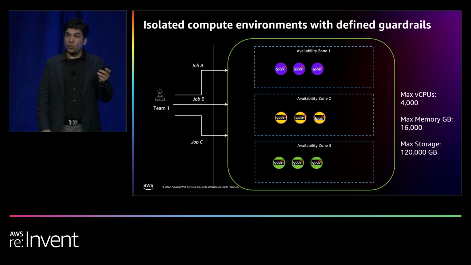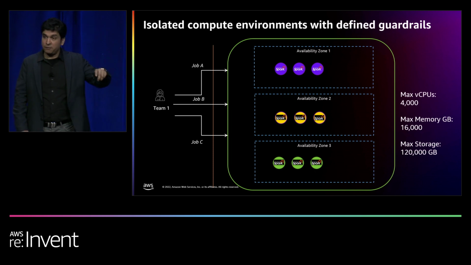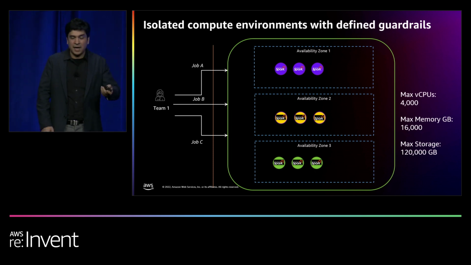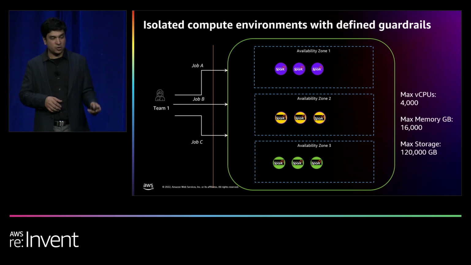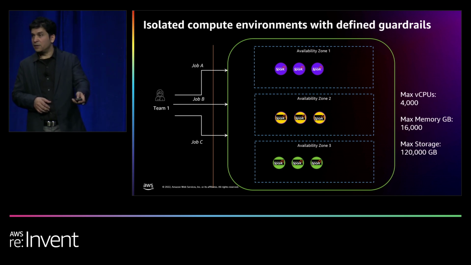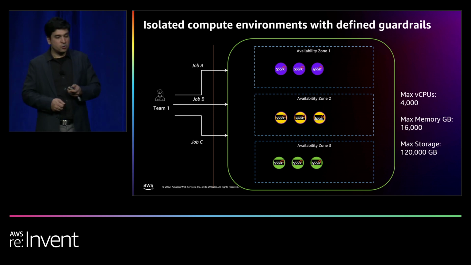Now, you can also set up limits for each specific job, and that is something Spark comes with by default. You can say for job A, that's the Spark dynamic resource allocation max executors setting, go scale to a maximum of 10. So maybe job A scales to 10 workers, job B scales to 20 workers, and job C scales to 15 workers. But the total application, which will serve these 3 jobs, can scale to 4,000 CPUs. So you have cost controls built in as well.